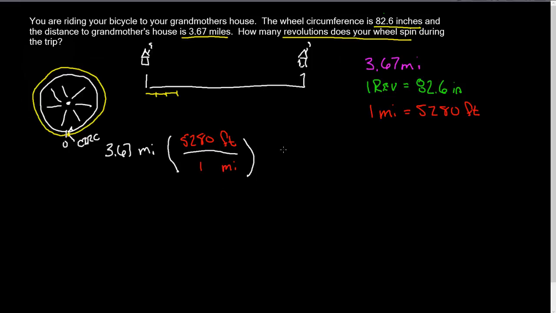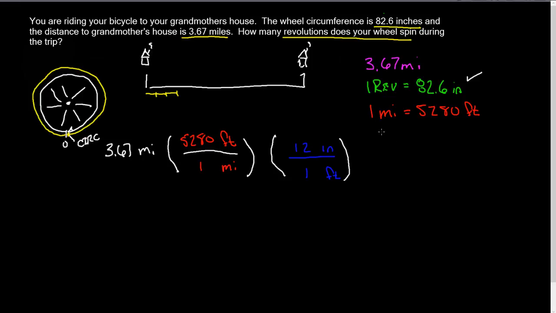Remember, we go from the units that we are in to the units that we desire in our ratio. The second ratio, or conversion factor, that I want to develop is going from feet to inches, because my circumference of the wheel is in inches. So going from feet, so that goes in the denominator, to inches in the numerator, I'm going to say 1 foot equals 12 inches.